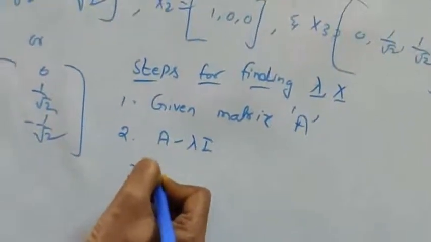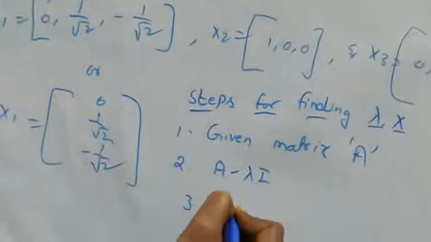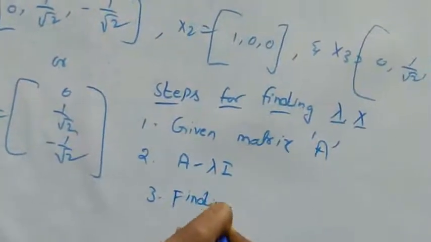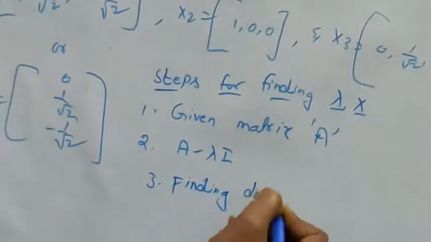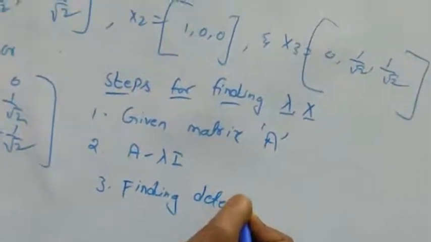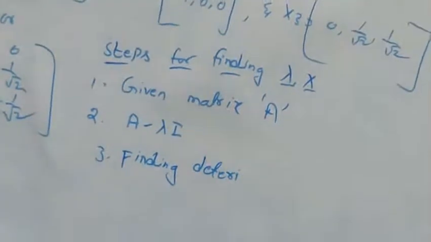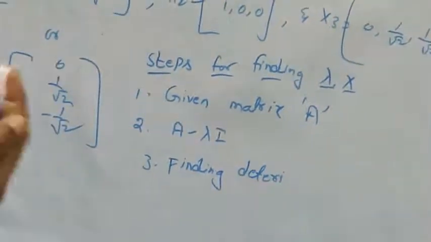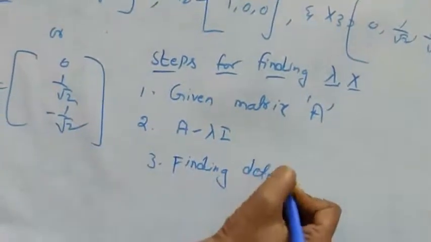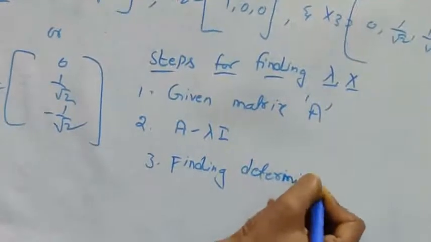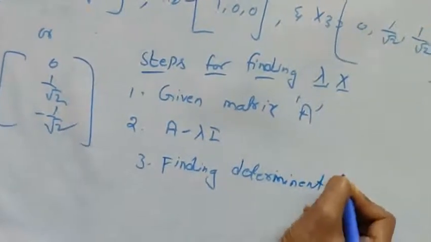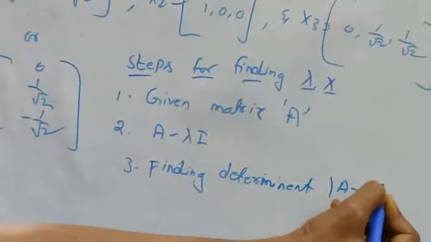The third step is finding the determinant, that means applying the mod for the term.